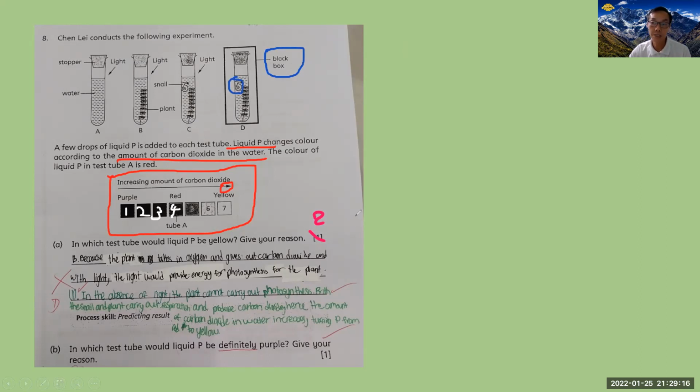As long as the students can present the answer telling the examiner that in the absence of light, due to the black box, the water plant cannot receive light for photosynthesis, it respires together with the water snail. Therefore, the amount of carbon dioxide is maximum and it will turn the liquid P to yellow. So this is the model answer which the student should present.